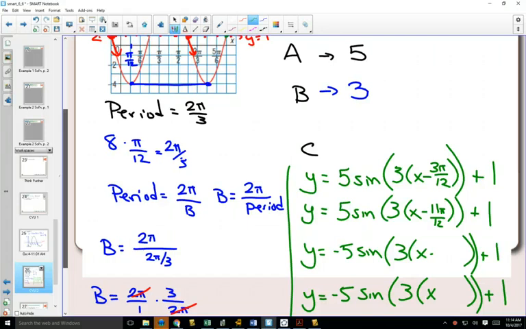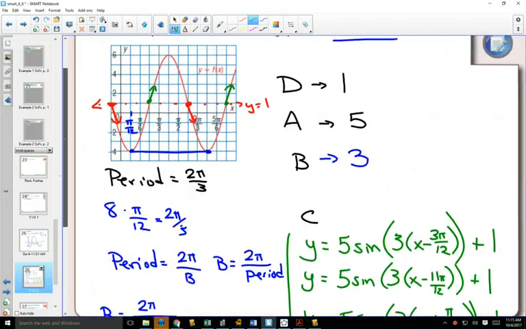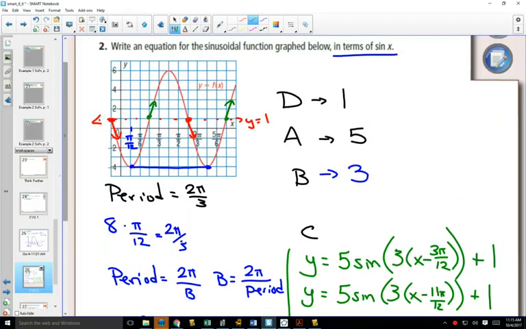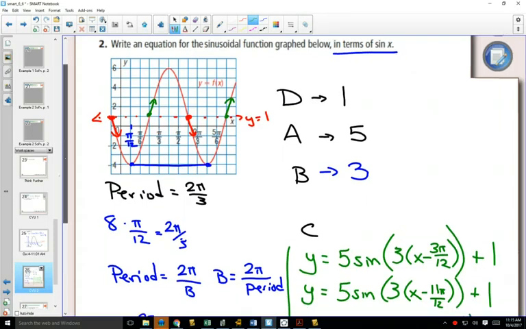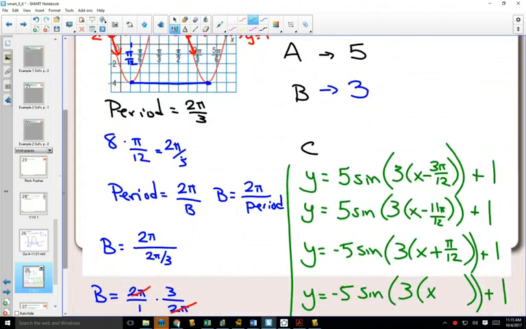Now for the first one, it's 1 mark to the left. So I could show that by having plus pi over 12. And for the second red one, if we count it, 1, 2, 3, 4, 5, 6, 7 sections to the right, minus 7 pi over 12.